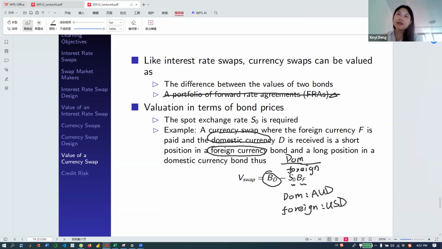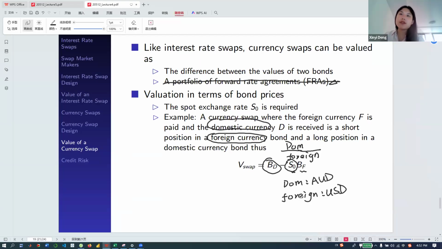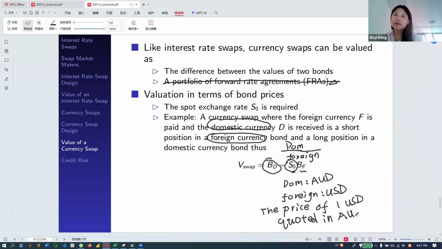Then this rate is quoted in the sense that it's measuring the price of 1 unit of USD quoted in AUD. Yeah, that's the S0 here.